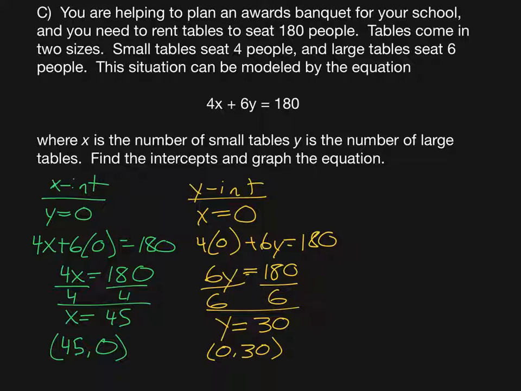We can draw our y and x axes. Because I'm dealing with a positive x-intercept and a positive y-intercept, I'm going to just graph the first quadrant. Now, my x-intercept is at 45. I'm going to count by 5s here. So we've got 5, 10, 15, 20, 25, 30, 35, 40, 45.